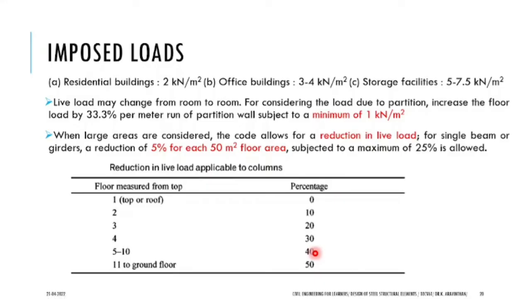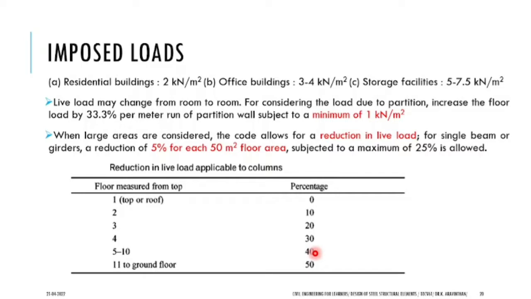So what is the live load which is considered here? 4 kilonewton per meter square. What is 50% of that? 4 kilonewton per meter square, half of that is 2 kilonewton. If you are constructing a 10 floor structure, you can consider 4 kilonewton at each floor. But after the 5th floor, you can consider how much? 2 kilonewton per meter square and you can proceed.